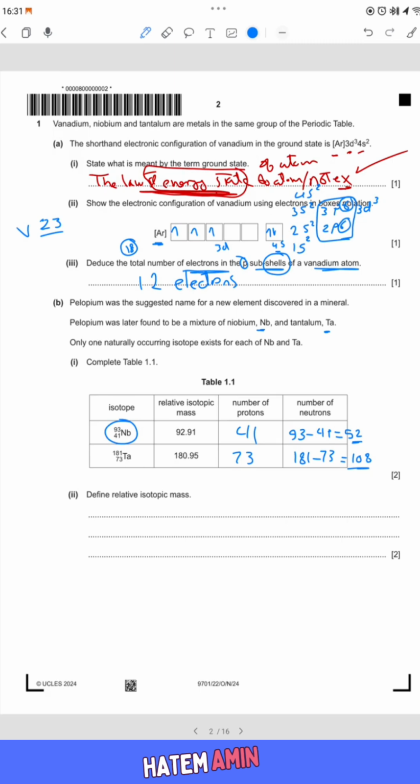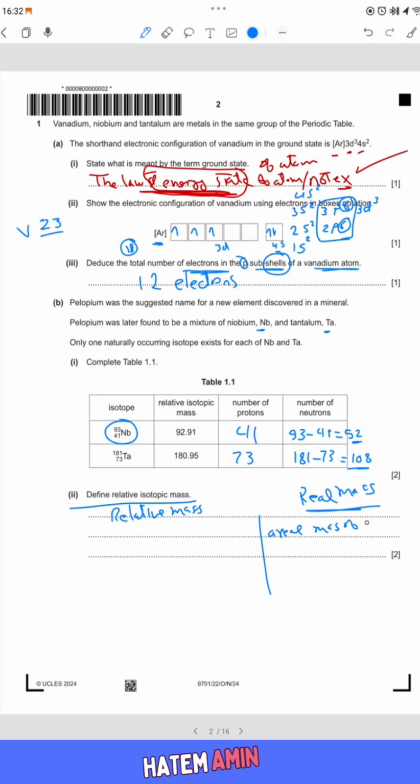Define the relative isotopic mass. What is the relative isotopic mass? Here we have something called relative mass or relative isotopic mass, and we have real mass. What's the difference between real mass and relative mass? Real mass is the real mass of a substance or an object.